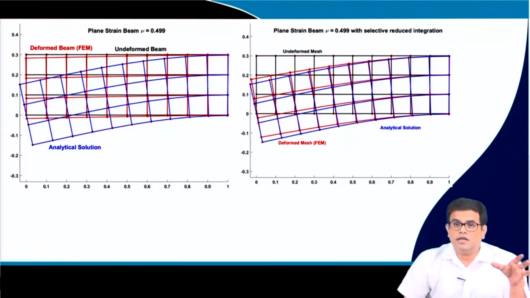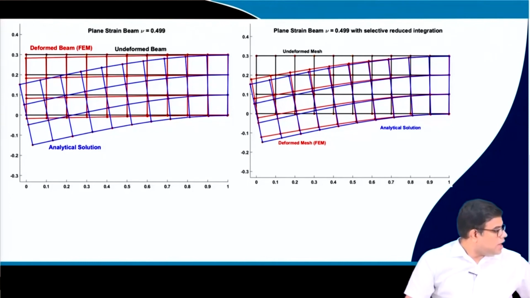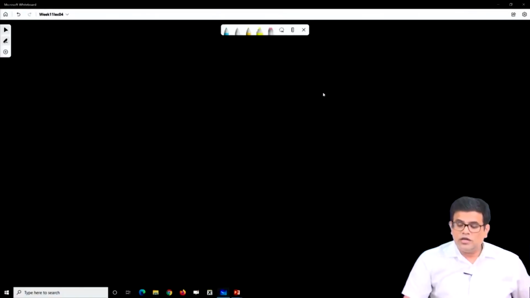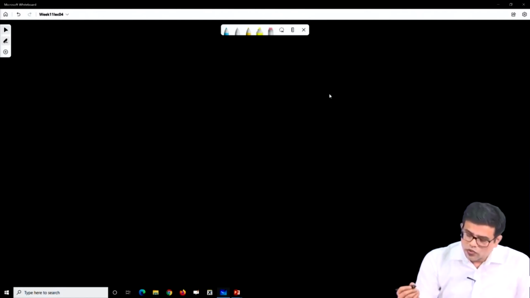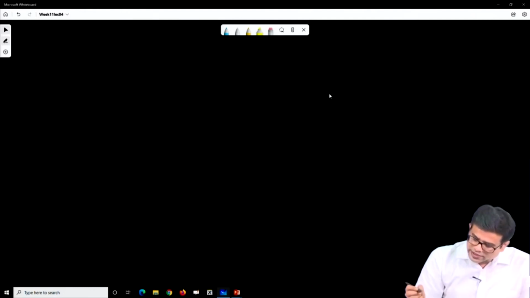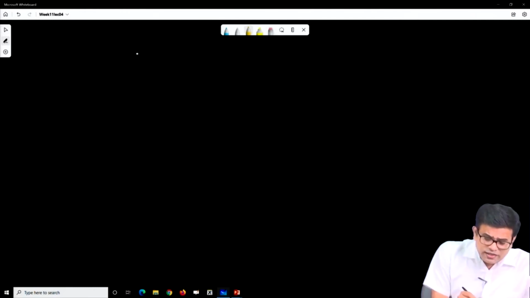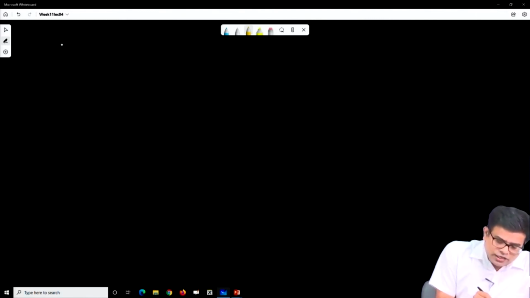Now why is this? To explain that, first we have to understand what locking actually is and why it arises. In the case of a plane strain problem, if you remember the plane strain constitutive equation, I will consider only the isotropic case here, and I will explain why.